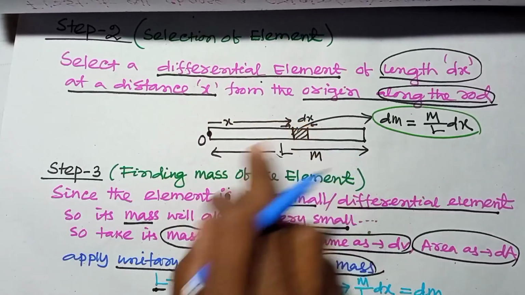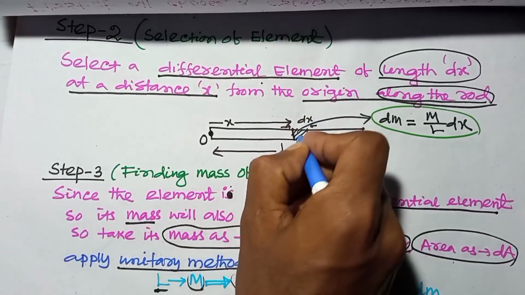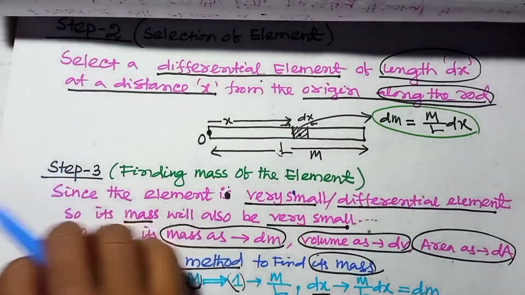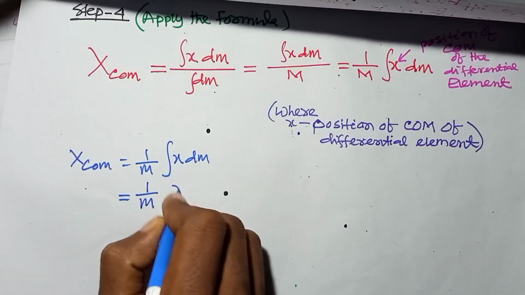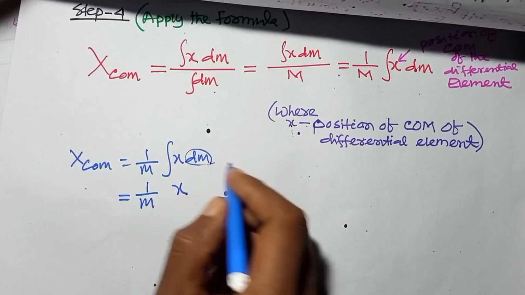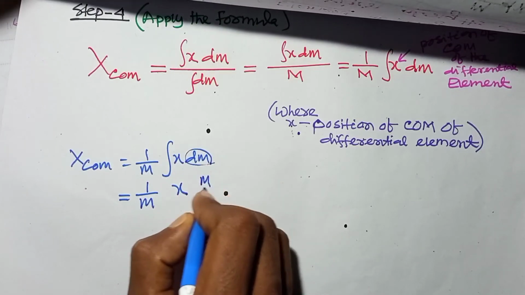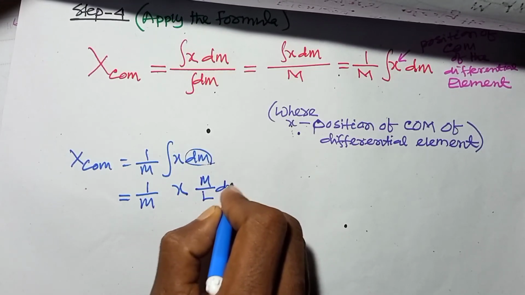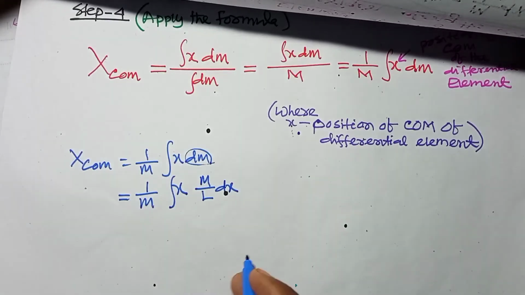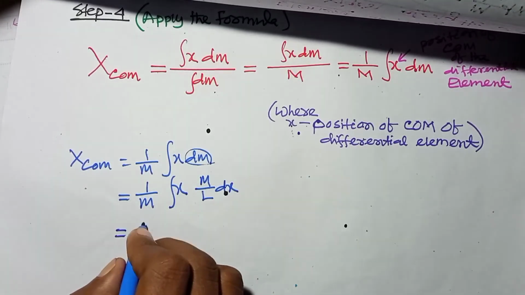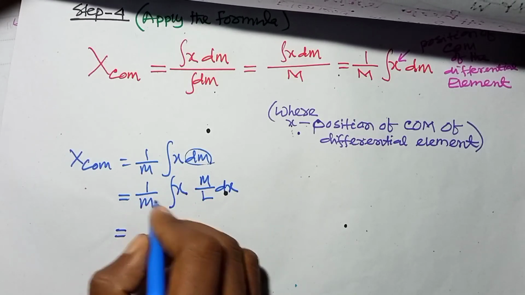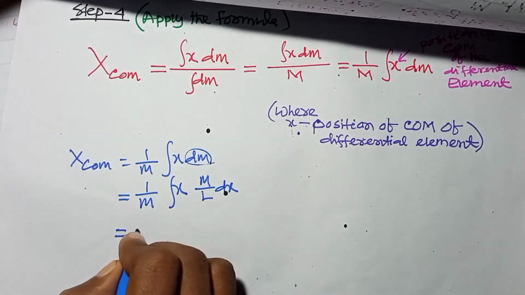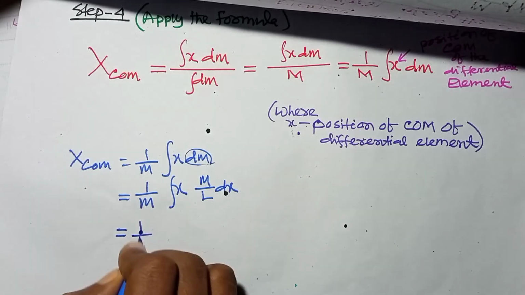So this will be the center of mass of this differential element. So it will be 1 upon M into x. And what is the value of dm? The value of dm is M by L into dx. And you have to integrate it. So M will come outside, it will get cancelled with M, so this L will again come out, 1 upon L.